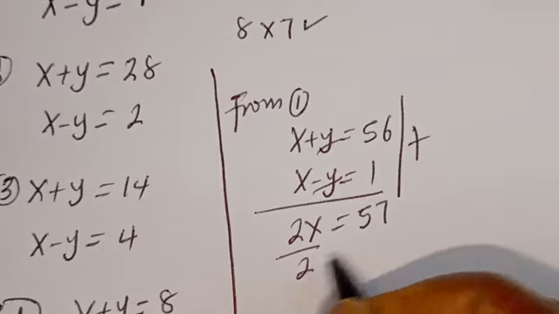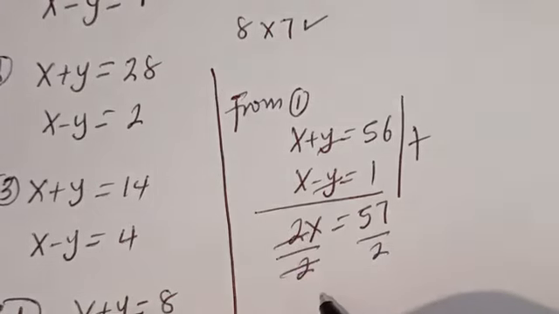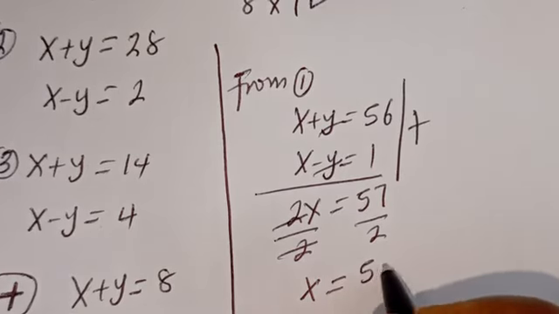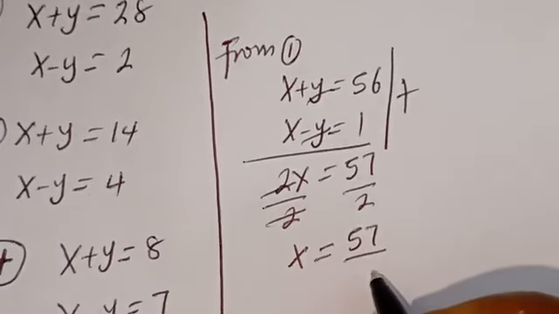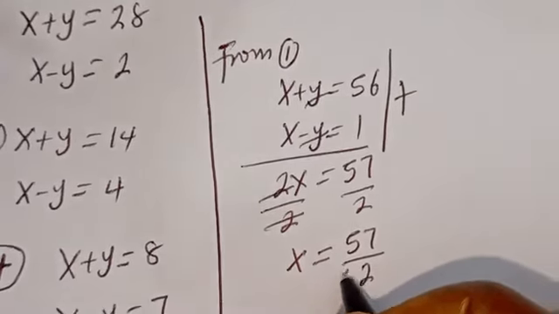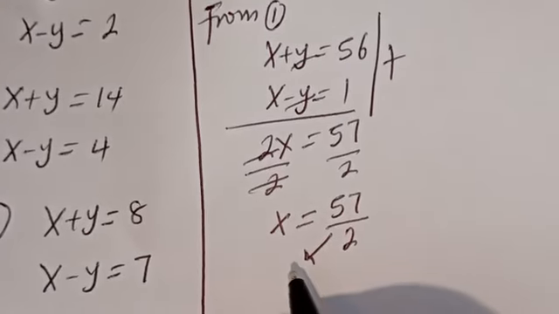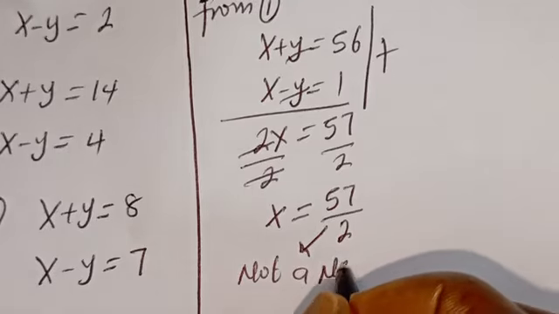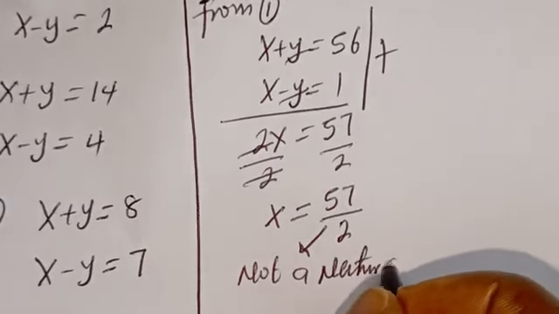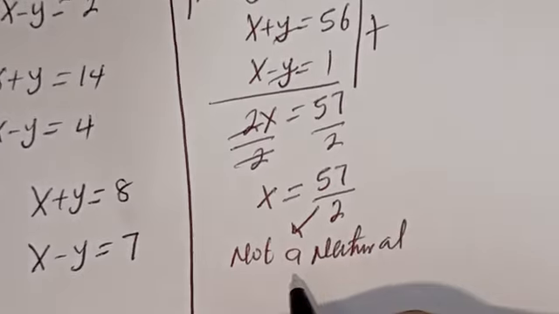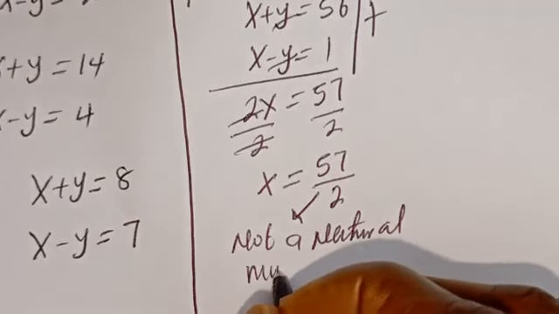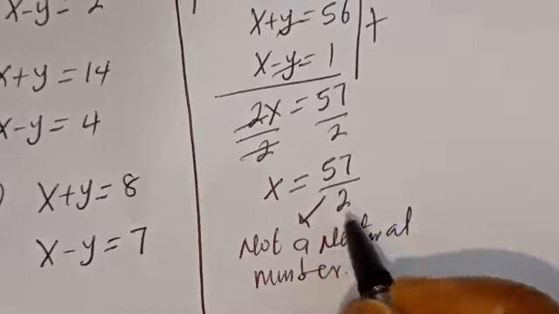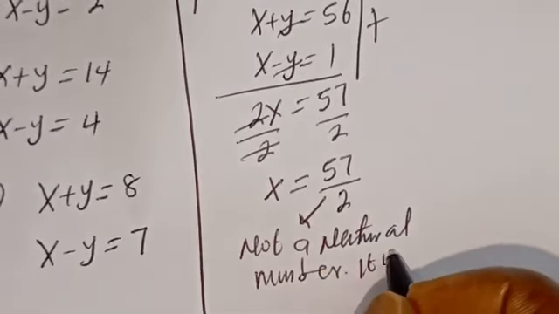Let's divide both sides by 2. x is equal to 57 divided by 2. And of course, this is not a natural number. Therefore, this is rejected.